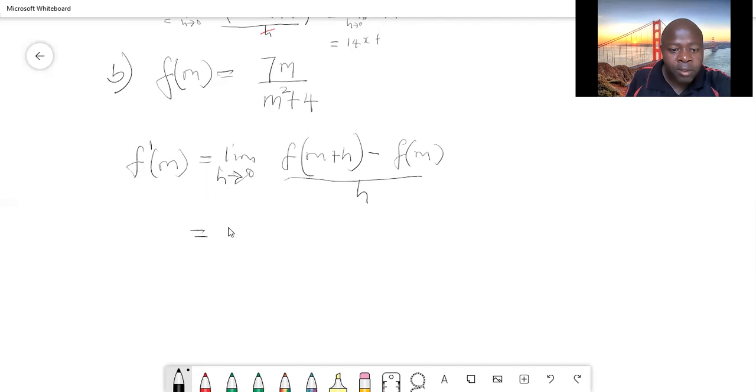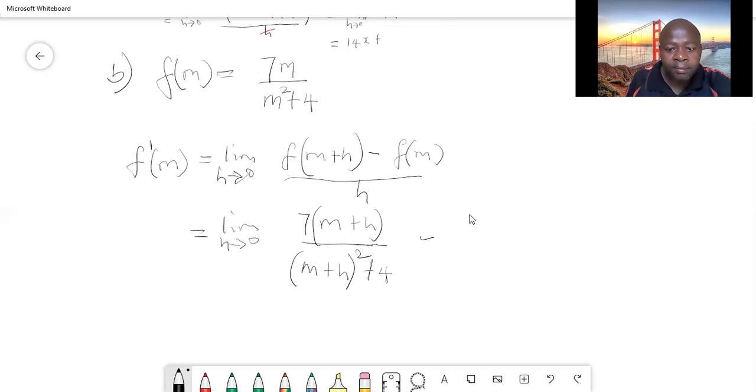And if we substitute, what we then have will be 7, there's an m here, so we add h, over, there is an m here, so we add h, and that m is squared, so we square this, and then plus 4, then minus f of m, and f of m is 7m over m squared plus 4.